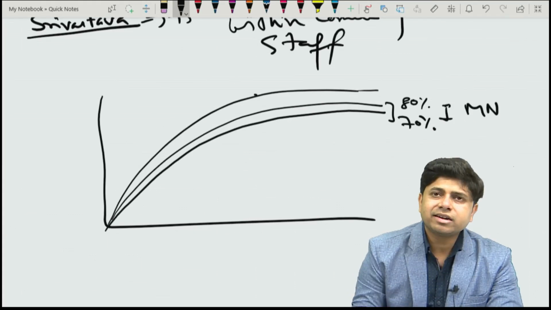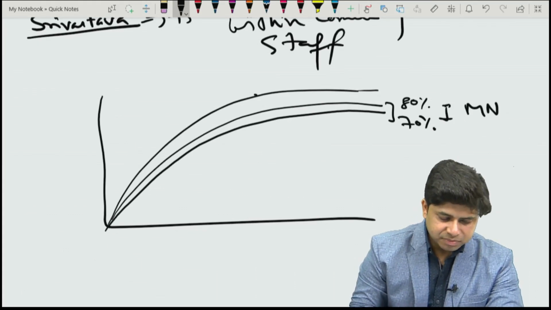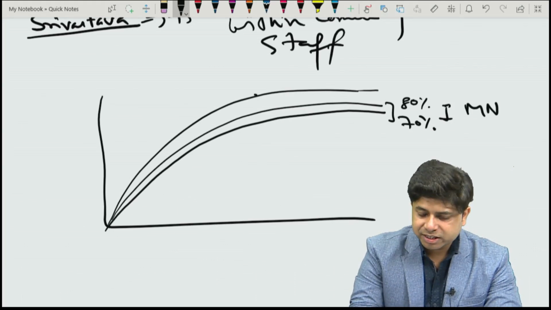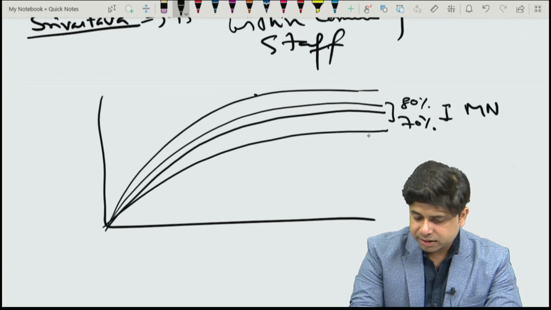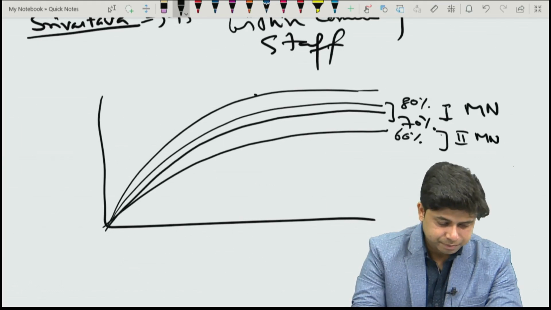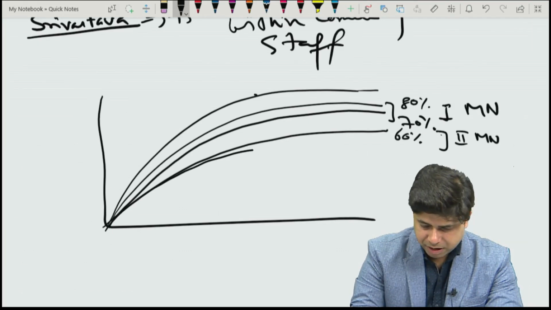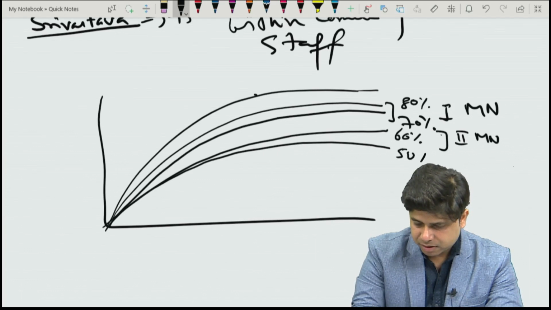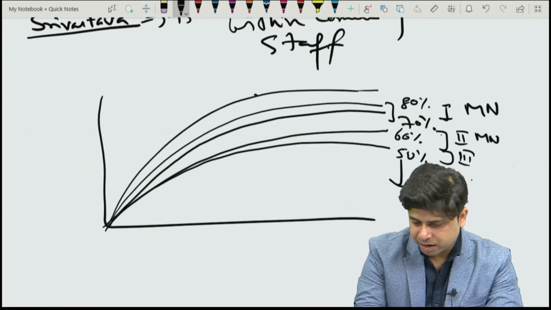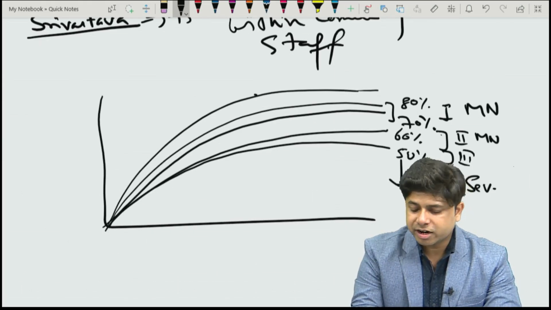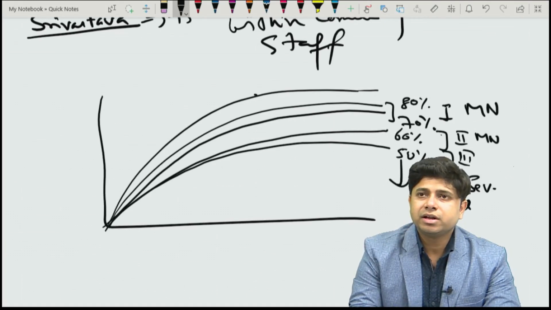And grade 2 malnutrition is defined as the child's weight between 70% and 60%. Below 60% to 50% is grade 3, and below 50% is grade 4 or severe malnutrition.